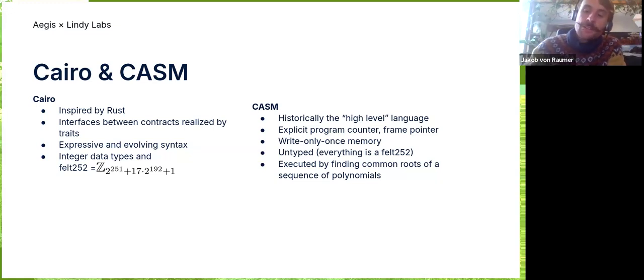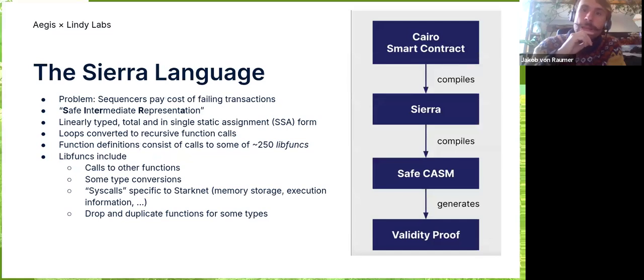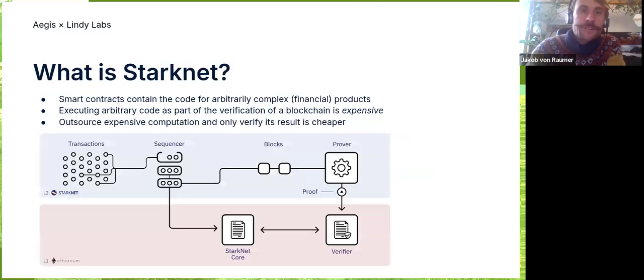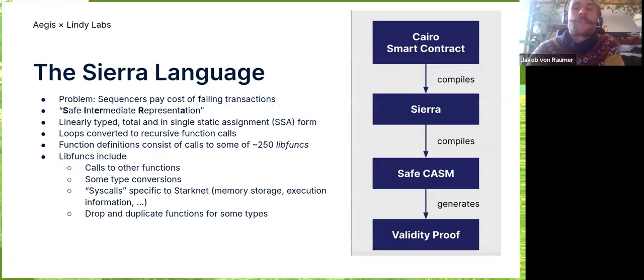And adding to that, there was a different problem. Like on the first slide, you saw that there's a role in the whole system that's called sequencers, and these are the people who actually compile the different executions into so-called blocks and then run them. And they're paid for doing that.